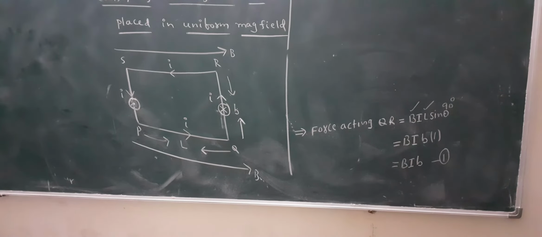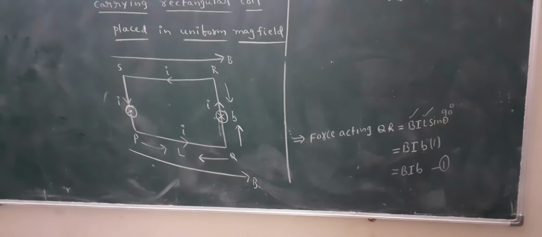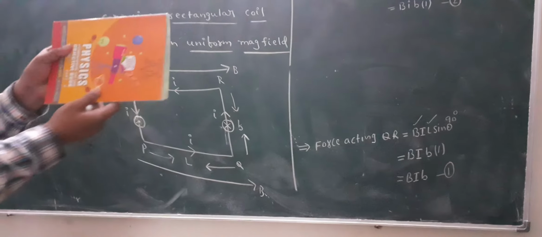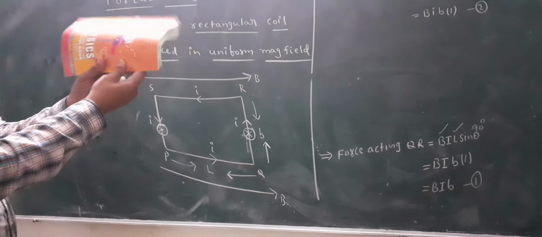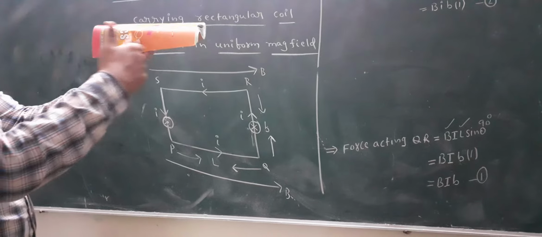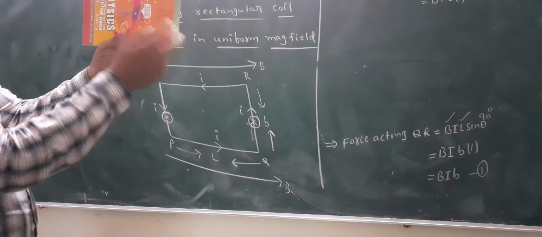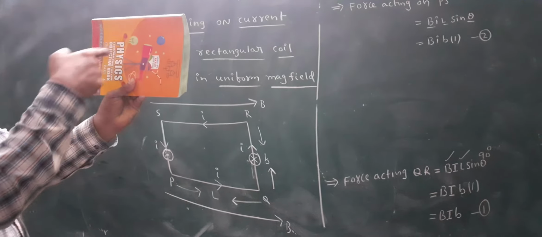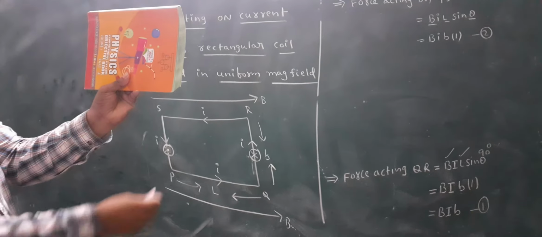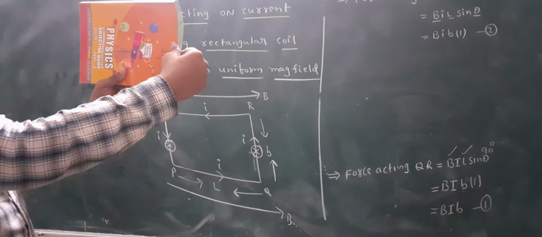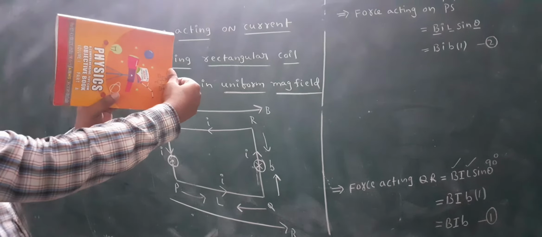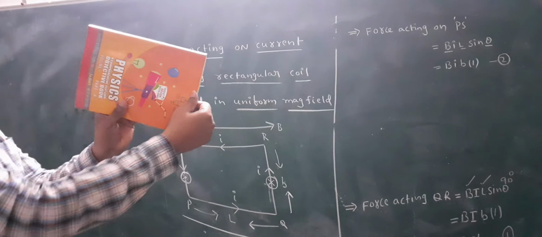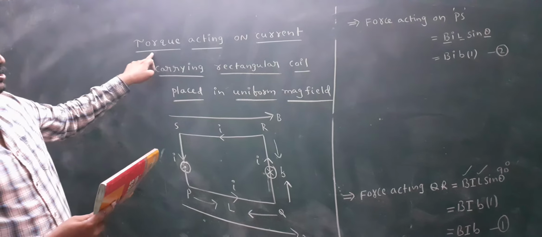Look here, all of you. For example, this is the rectangular coil. Here force is 0. Here force is 0. Here force acts inward, here force acts outward. Because of this force, the coil turns. This turning effect is called torque.